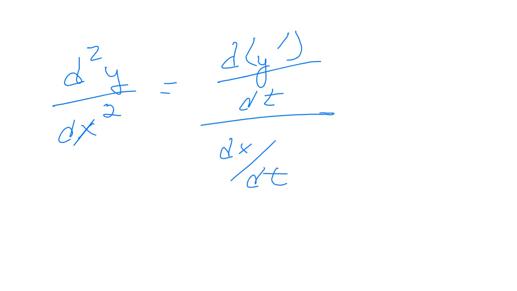Now you might say, why isn't that an x prime on the bottom? Because it's the derivative with respect to x of y prime, so that's the only one that has the prime in it.